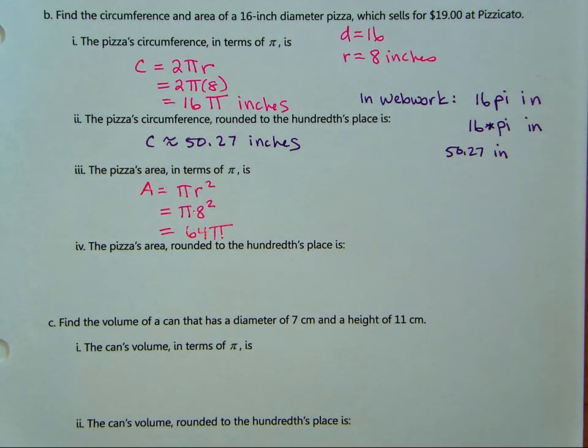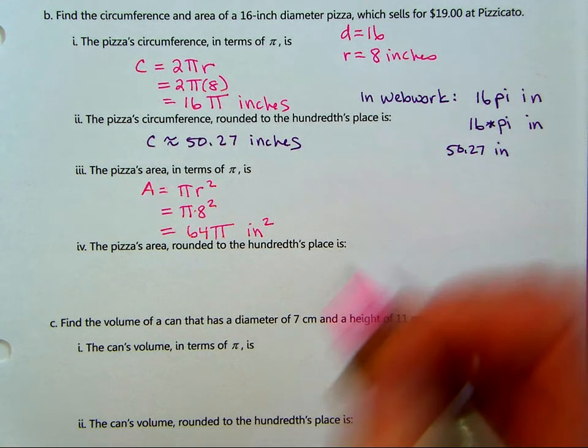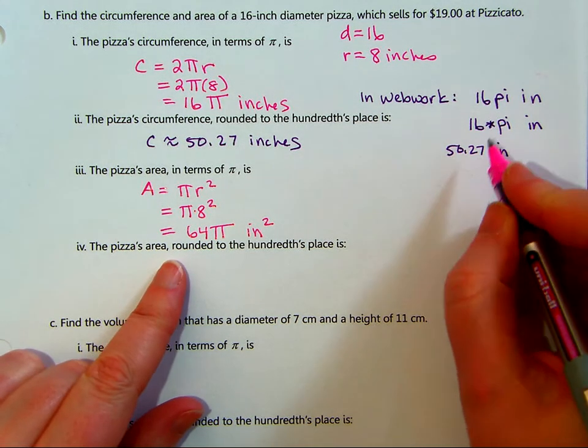And what would the units be for the area of the pizza? Square inches. Great, square inches. Now, how do we type in inches squared in WebWork? IN2. Good. So I'll make this my WebWork column over here.